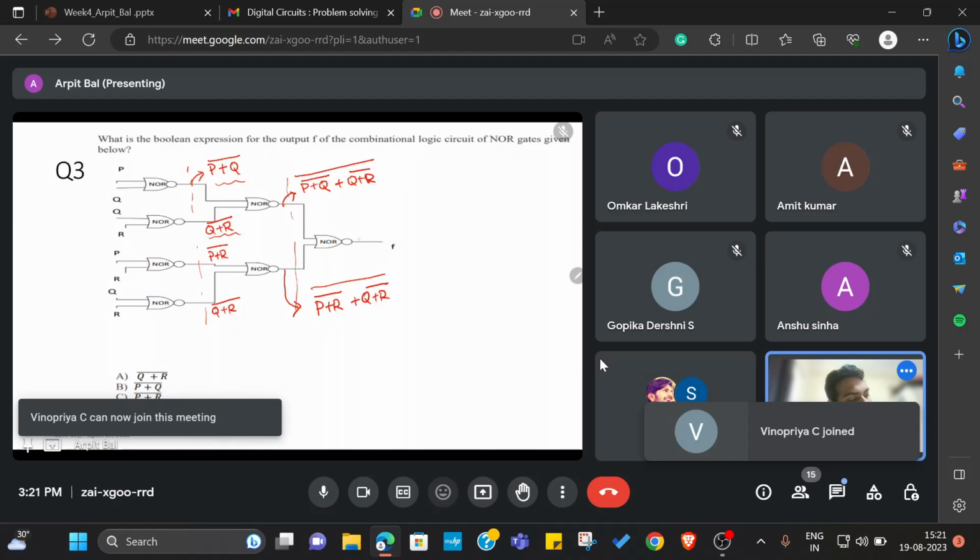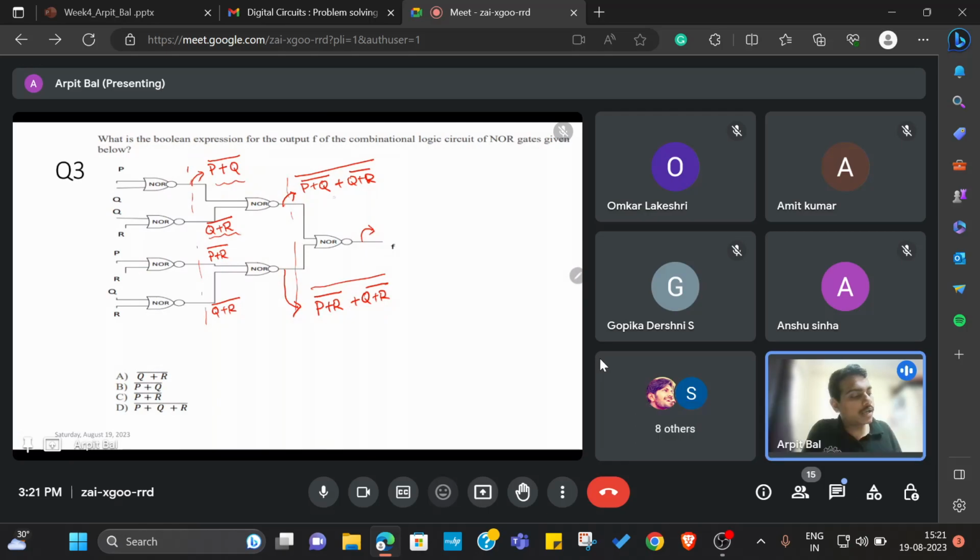Okay, then again we have NOR. So we need to take the NOR of this input and this input. Let us write down what will be the NOR of these two inputs.